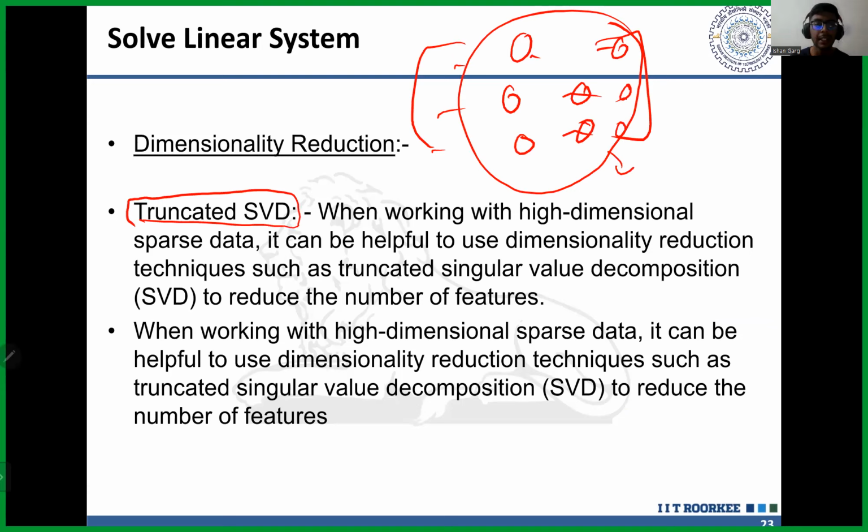When working with highly dimensional sparse data, it can be helpful to use dimensionality reduction techniques such as truncated singular value decomposition to reduce the number of features. So it will help us in solving the problems. To know more about SVD, we can also look up other videos. So this was the first method, dimensionality reduction.